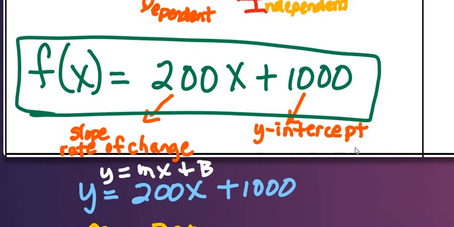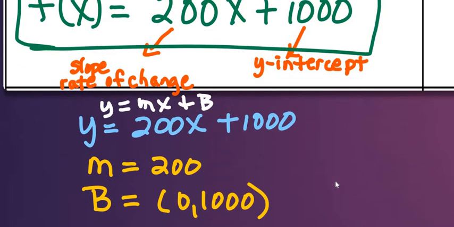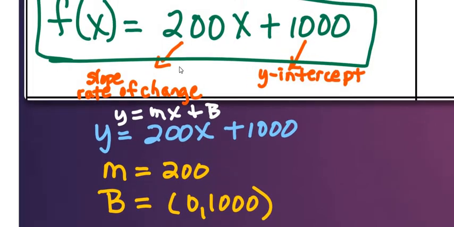I also could have written this in slope-intercept form, y equals mx plus b. All I did was change the f of x to y, and everything else stays the same: 200x plus 1,000. My slope is 200, or my rate of change is 200, and my y-intercept written as an ordered pair is (0, 1,000), or my y-intercept can also be written as 1,000 because this is where we started from.